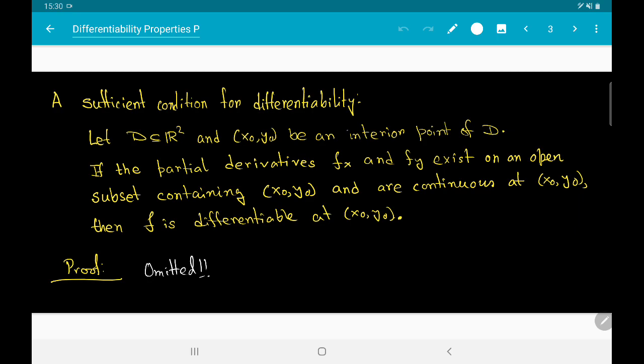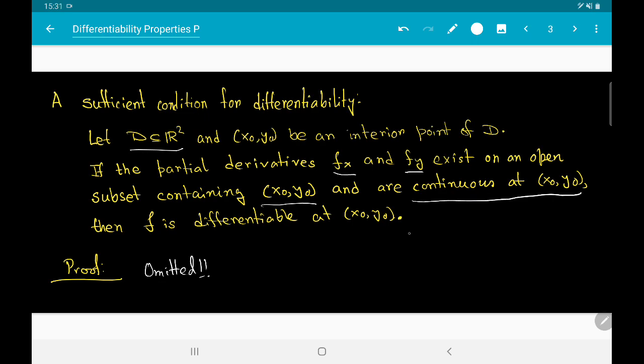Now let me give you a sufficient condition for testing differentiability of a function at a given point. As always, I have a domain D inside R2 and x0, y0 an interior point of D. The sufficient condition says that if the partial derivatives fx and fy exist on an open subset containing x0, y0, and more importantly, they are continuous.